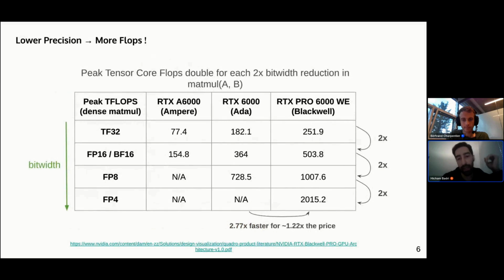So why is quantization important for compute bound scenarios? There's a rule that if you divide the bit width by 2, you get a 2x speed up in terms of flops. This is in theory, basically.